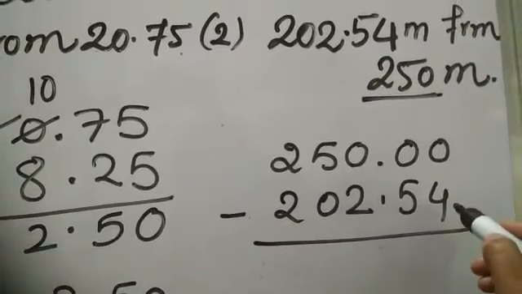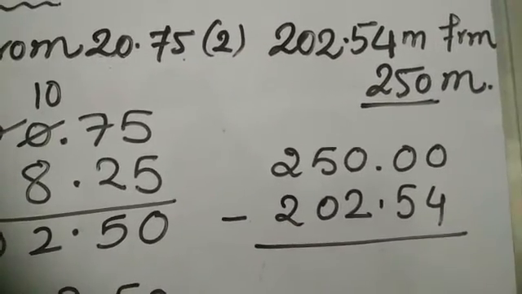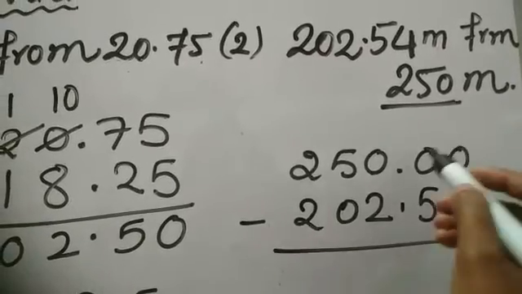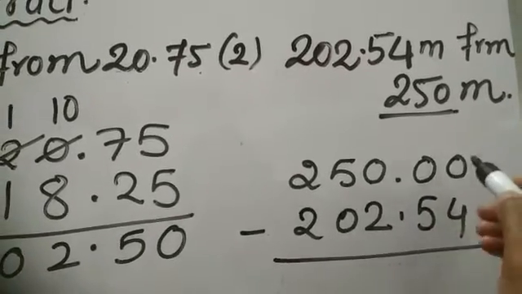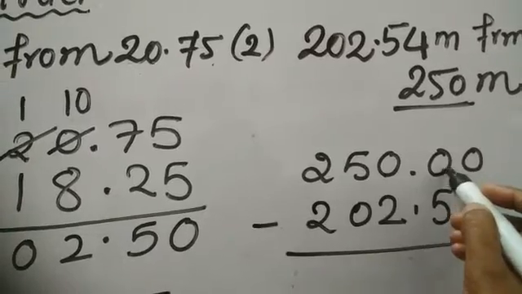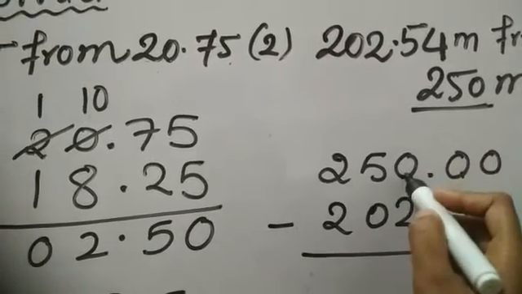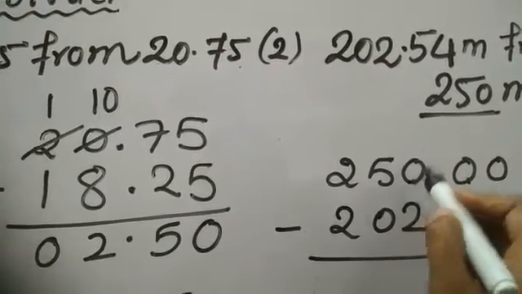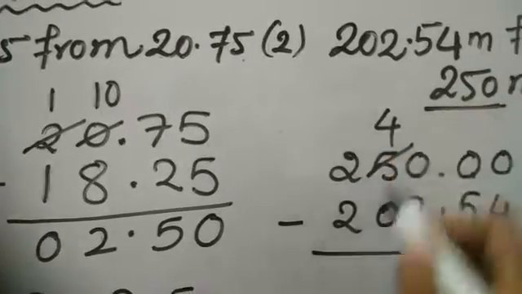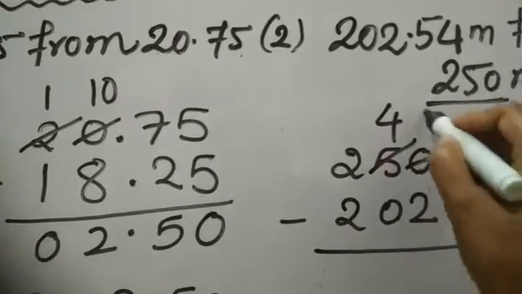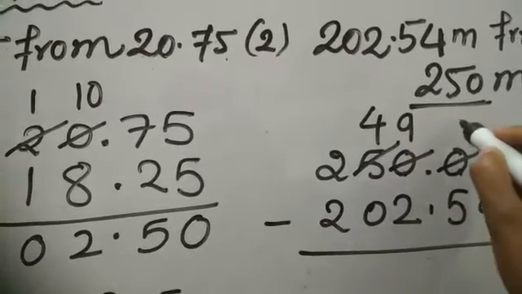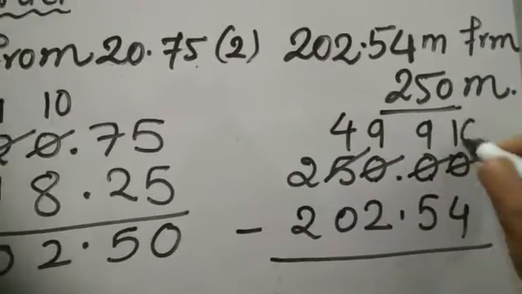Now 0 minus 4 not possible. So we need to take borrow from the previous digit of this 0, right? But the previous digit of this 0 is 0. Again the previous digit of this 0 is again 0. So we take borrow from 5. So 4 will be left over there. This will be 9. This will be again 9. And this will be 10.